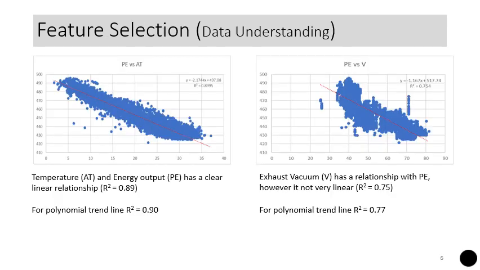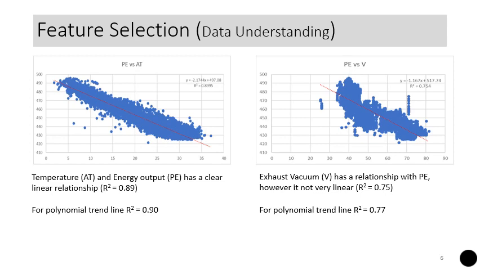I have used a scatter plot and a trend line feature from Excel to understand the relationship of the target with each individual feature. Also, we have calculated the R square value to help us in identifying the relationship statistically.